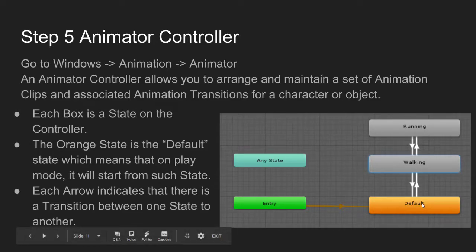That means that as soon as your scene starts, if it has an animator component in it, then it will go into this one. That's why it's called entry. So if you start the scene and you click play, it will automatically go to default. If this statement becomes true, it will go there. If this one becomes true, it will go back to running. Then false and false and back to default.